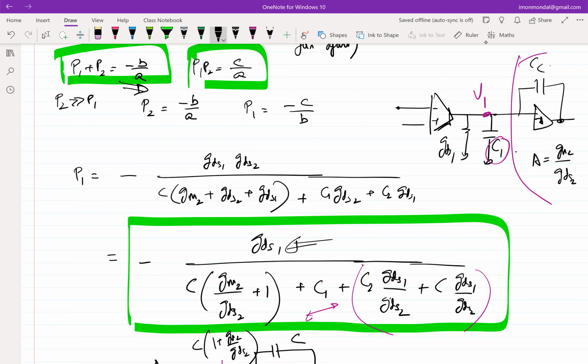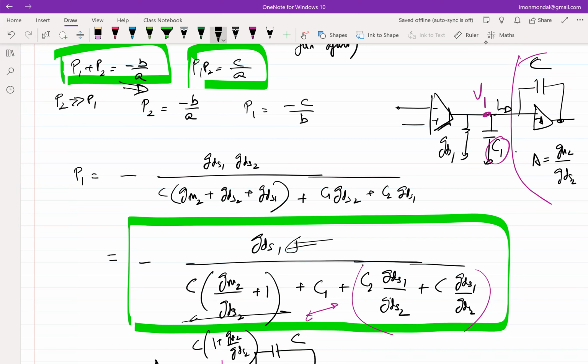What is the capacitance looking in from the Miller approximation? It is (1 plus A) times CC. So this actually has to be CC. I used C everywhere, so let me use C. So this is what you get here.